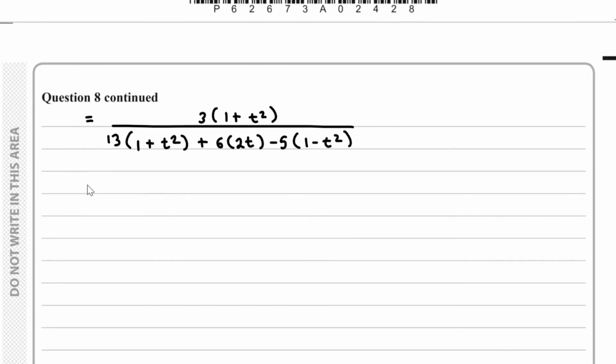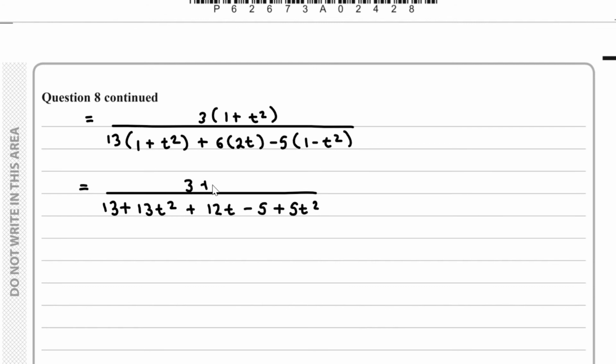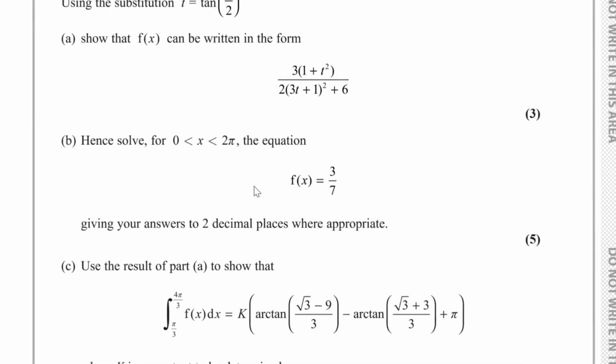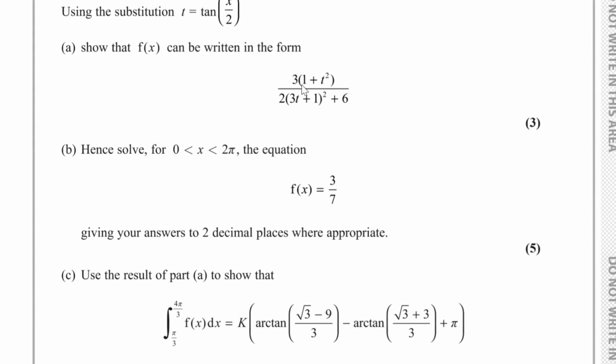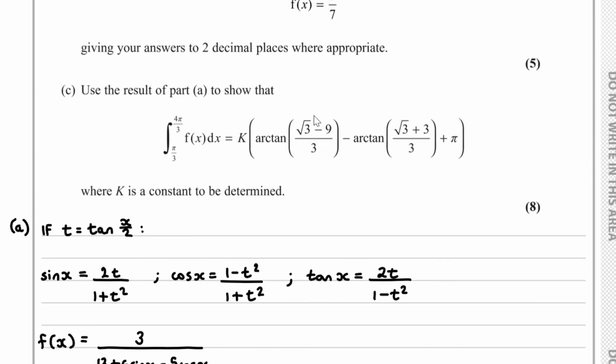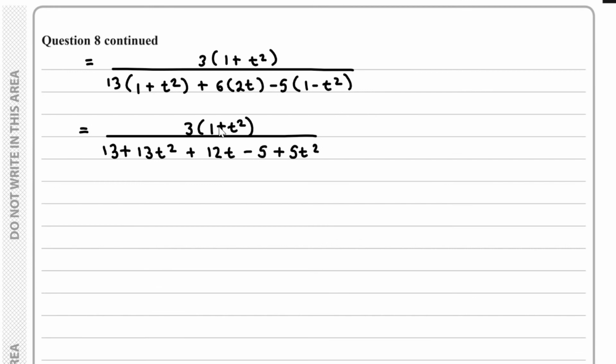So now if we expand and simplify, along the bottom we'd have 13 plus 13t squared plus 12t minus 5 plus 5t squared, and on the top we can leave it as it is, and the reason for that is we have a 1 plus t squared in a bracket, so we'll leave the top as it is.